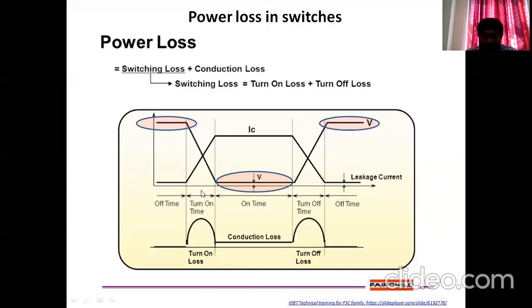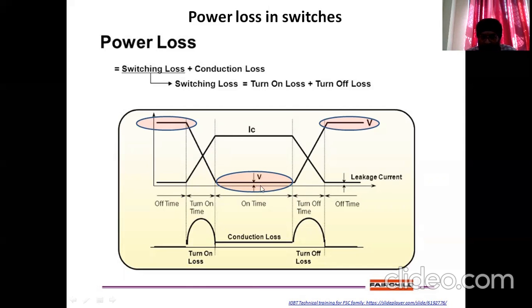Now the switch is changing its state from off to on. So this is the on state. In between the off state and on state, we have a transition time period. During this period, the voltage starts to fall and the current starts to rise. And at this instant, we have a power loss, V into I, that is substantial.